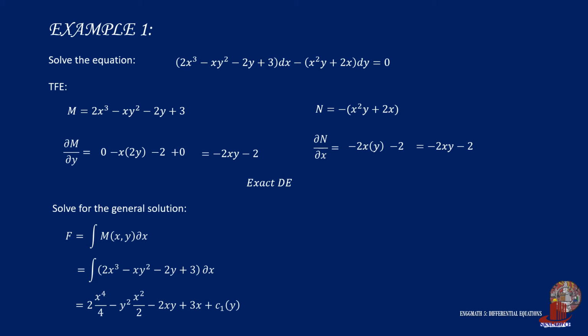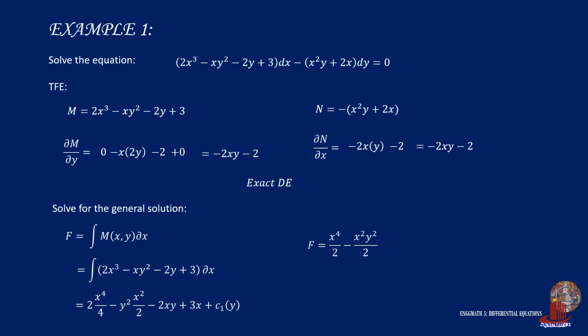The next term, negative xy squared, will be the constant negative y squared multiplied by the integral of x, which is x squared all over 2. Negative 2y will be integrated as negative 2xy, and the constant 3 is integrated as 3x. Then add the arbitrary constant c1, which is in terms of y.